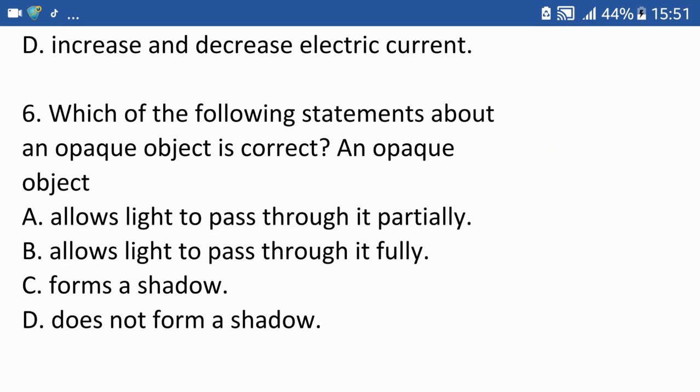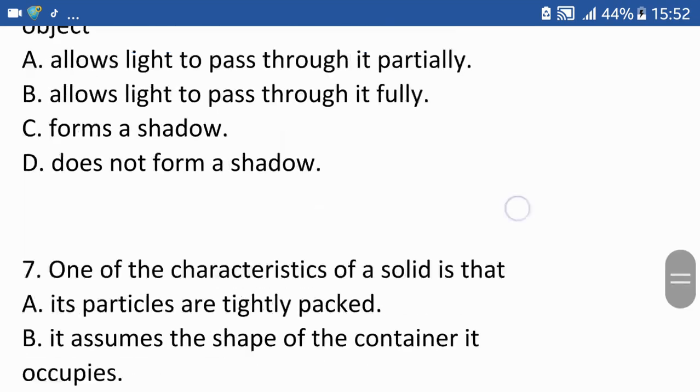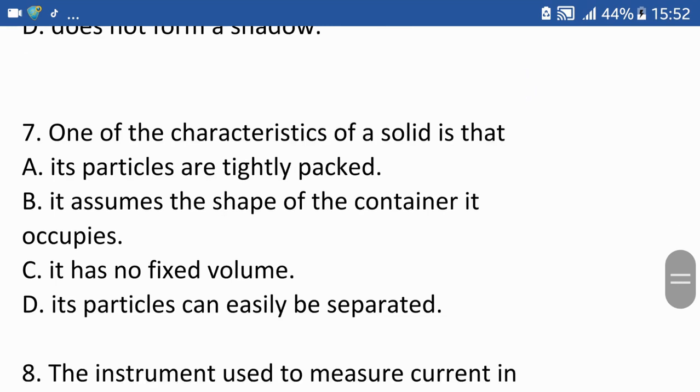An opaque object. Seven, one of the characteristics of a solid is that.